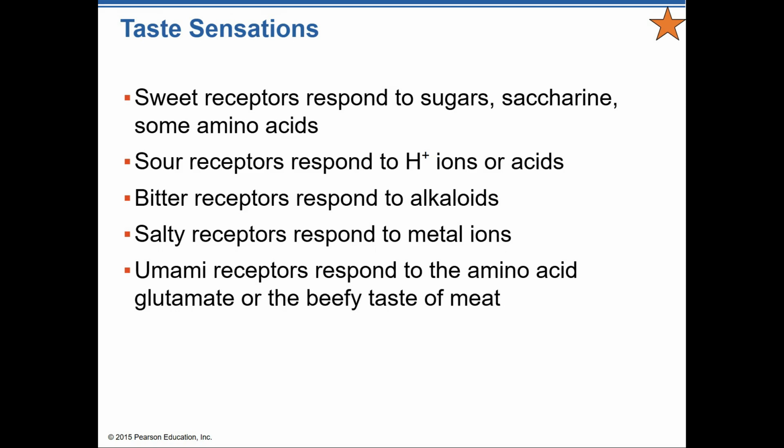But they work together with the glutamate part of that molecule to give us this next one, umami, right? So umami is that meaty taste, that beefy taste that you might respond to as a savory association, right? And it's going to respond to an amino acid, glutamate. It's very, very present in meats, but also in some other things that we eat as well.